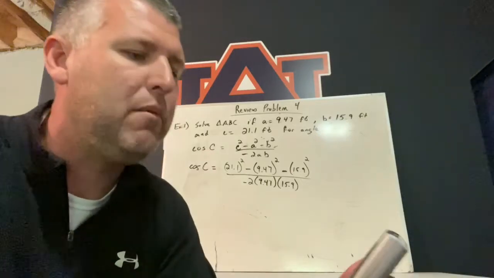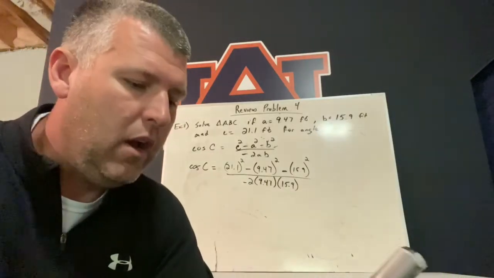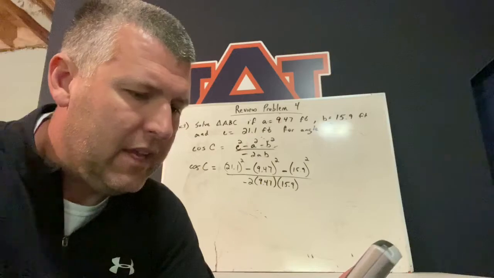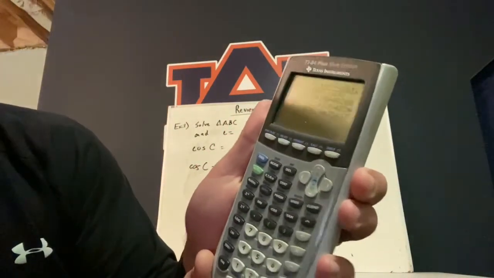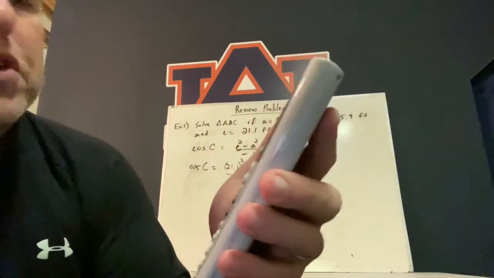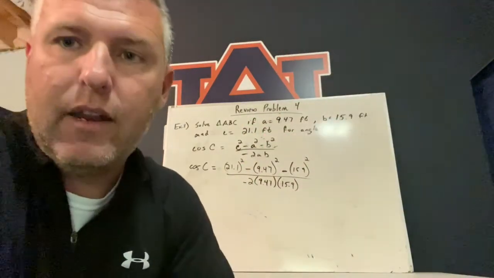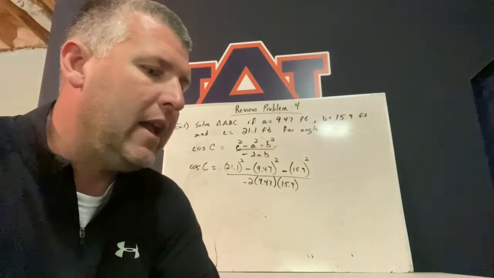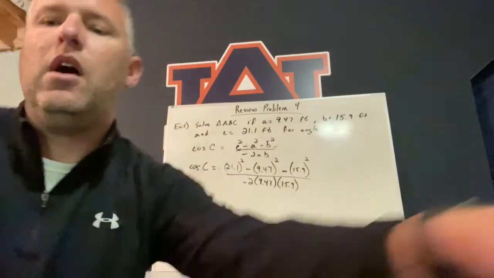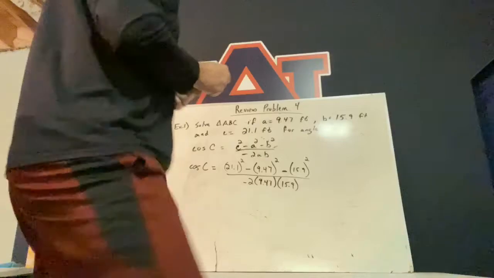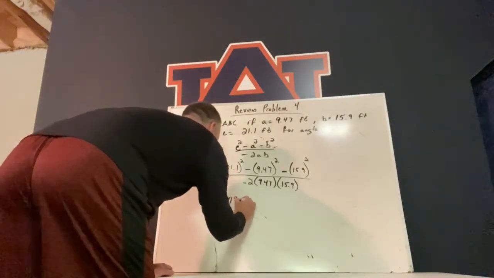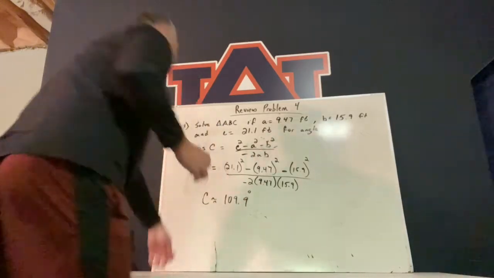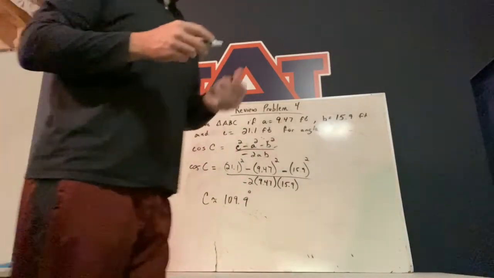It's going to be multiple choice on the test, but I could estimate that or I could plug that in, hit enter, and there's my answer, 109.9 degrees. We'll probably round to the nearest tenth of a degree, or obviously if I said round to the nearest whole number, it would be 110.